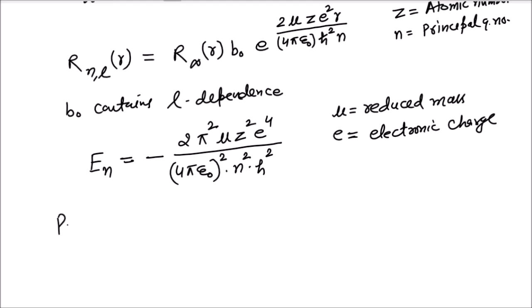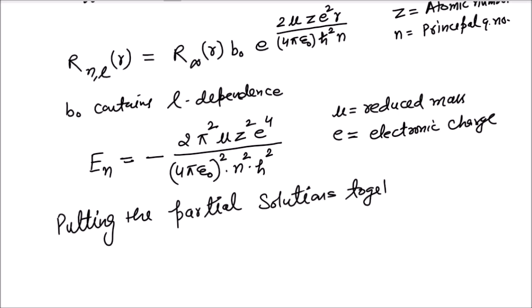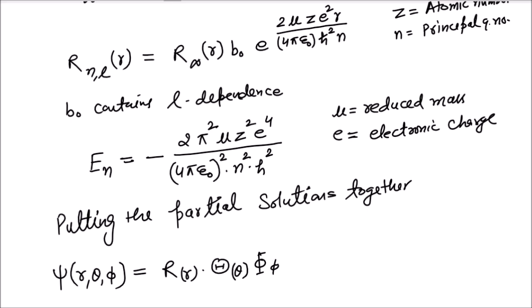Now putting the partial solutions together, the full solution of the Schrödinger wave equation of a hydrogen-like atom, according to the separation approach, is psi(r, theta, phi) equal to R(r) times Theta(theta) times Phi(phi). The radial part, function of r, depends upon n and l; the polar part depends upon l and m; and the last one, the phi part, depends upon m only.